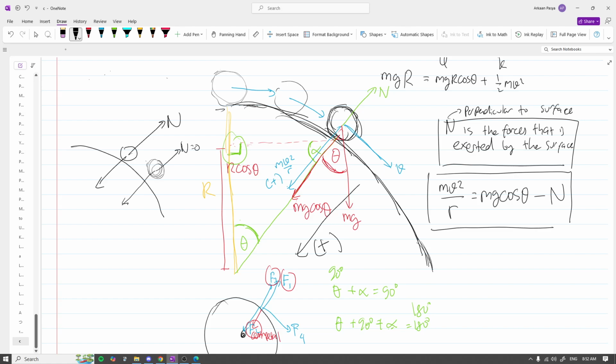So the condition at which the ball leaves the hemisphere is that the normal force is equal to 0.